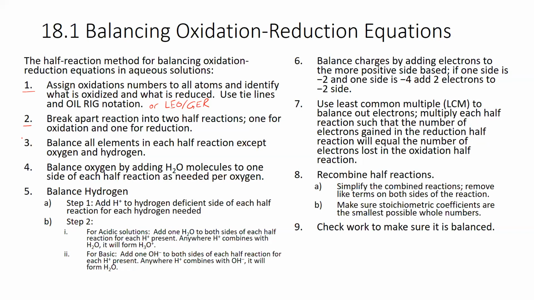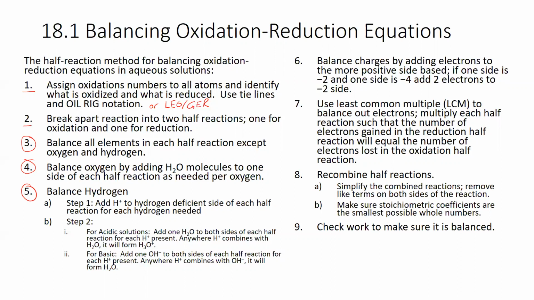To balance the half reactions, really the balancing of half reactions occurs in 4 steps, right? So the first thing you're going to do is balance everything other than oxygen and hydrogen. Then we're going to balance oxygen and hydrogen, first with oxygen, and then second with hydrogen. The reason we wait to balance those is because these solutions generally take place in acidic or basic solutions.